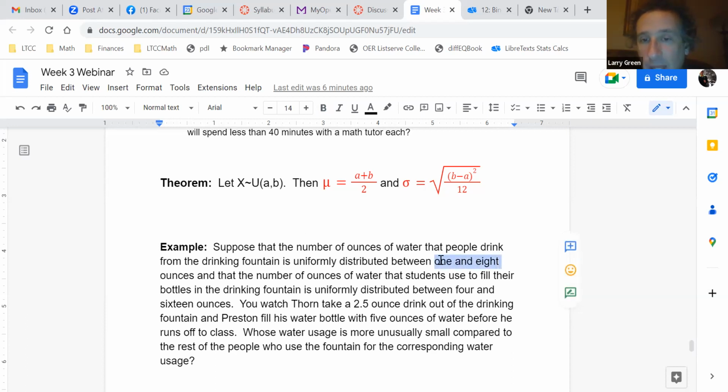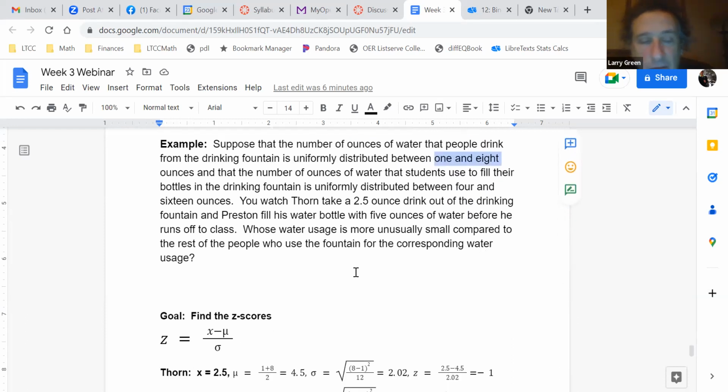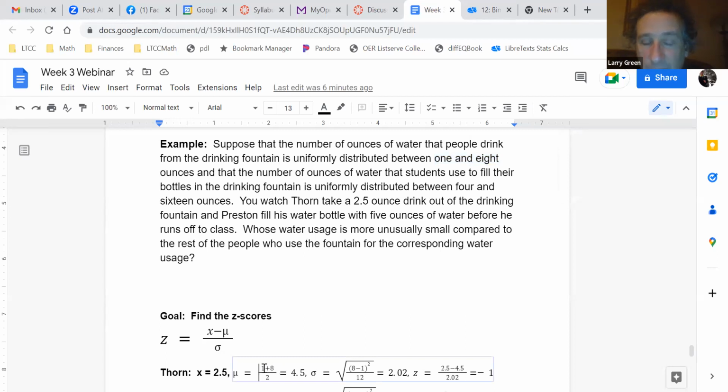So a is 1, b is 8. So we do 1 plus 8 divided by 2, which you could use a calculator or do in your head, however you want. You get 4.5. Any questions on finding mu?